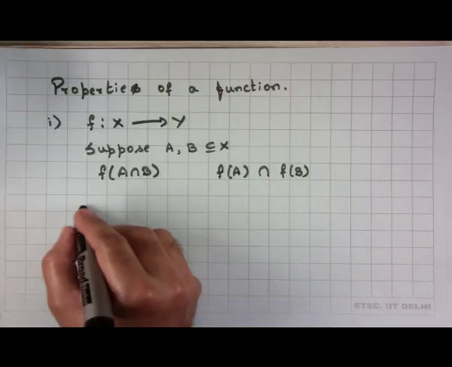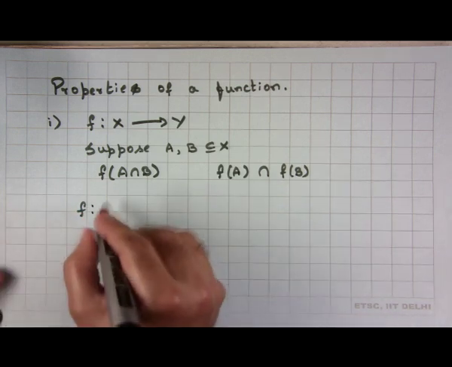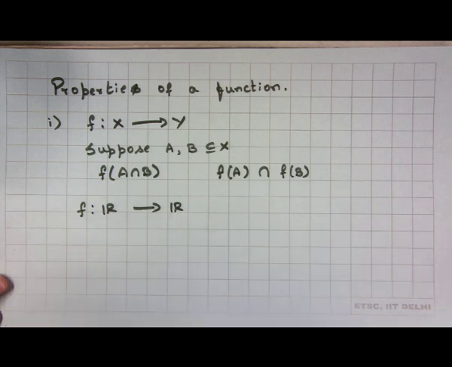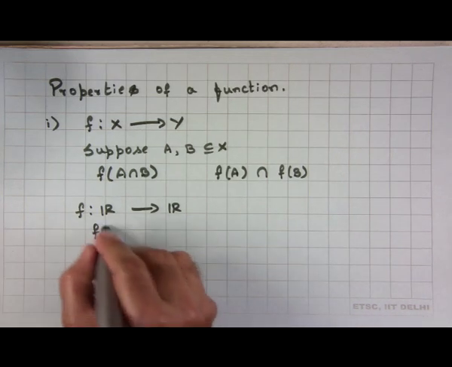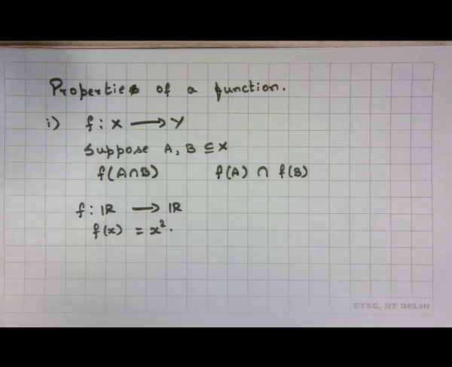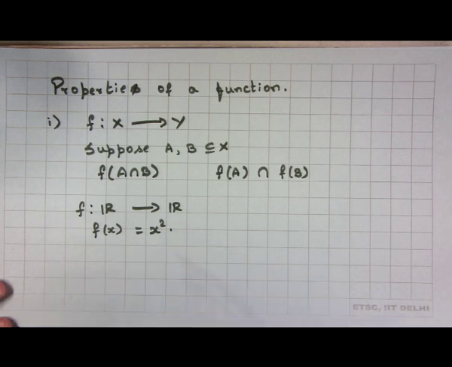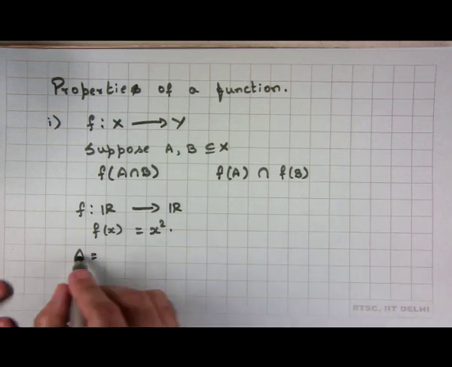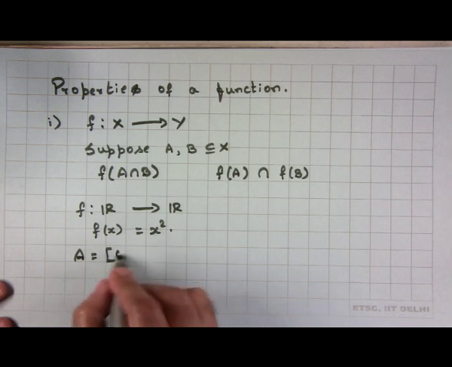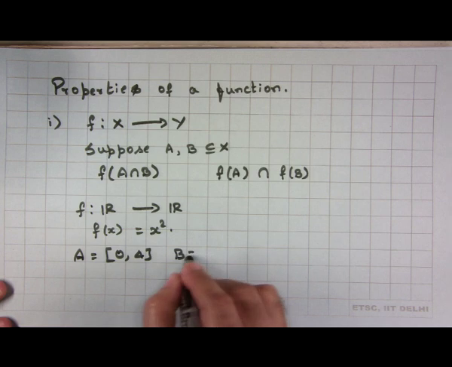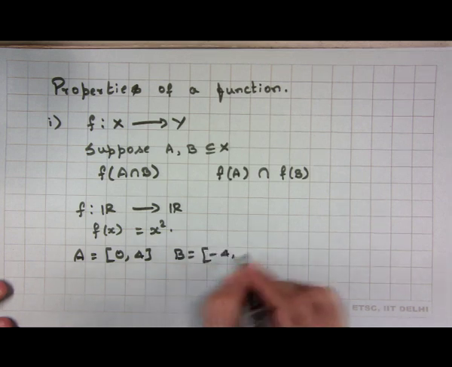Now, let us look at a special example from R to R given by f x equal to x square. Let me choose A as the interval 0, 4, and B as the interval minus 4, 0.